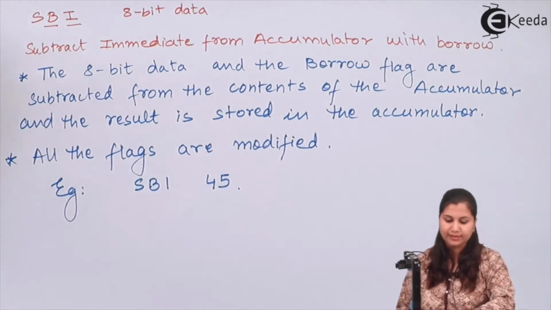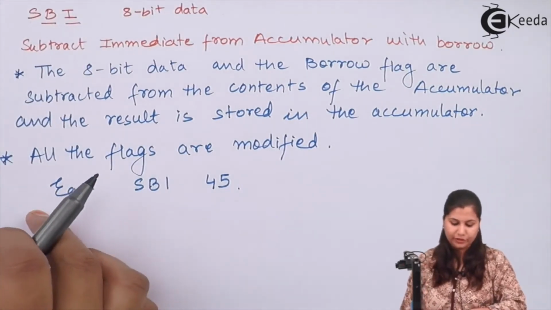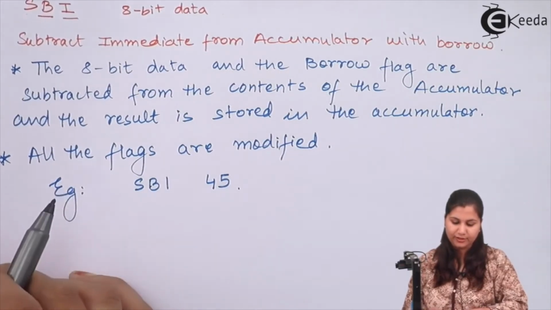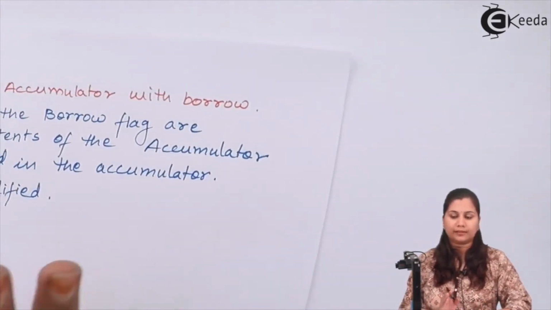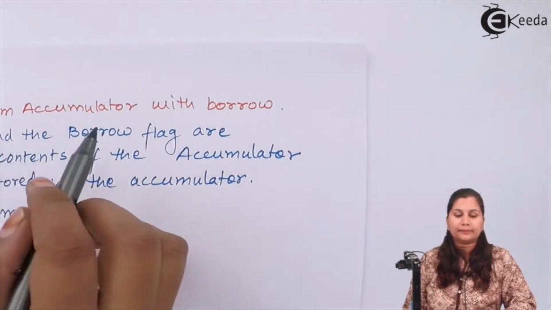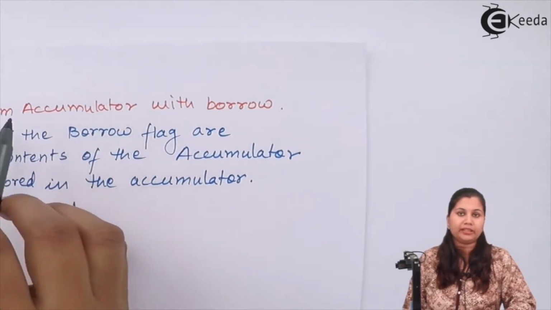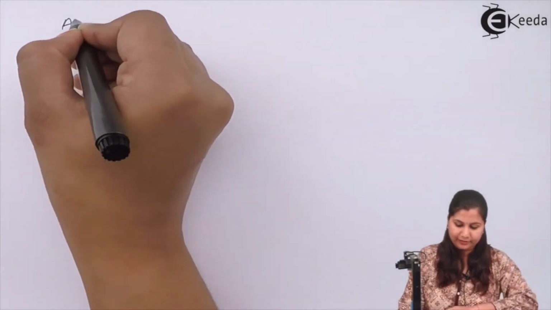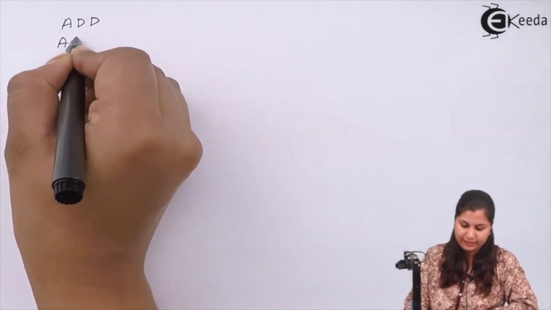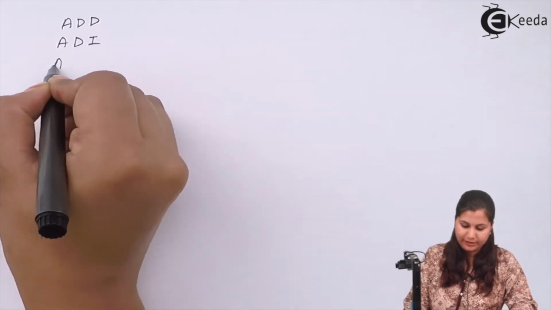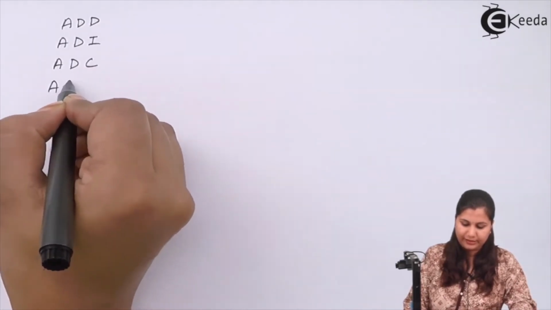These were the subtraction and the addition instructions. You can notice that in all the addition and subtraction instructions, one of our operands will be in the accumulator. We have ADD, ADI, ADC and ACI.